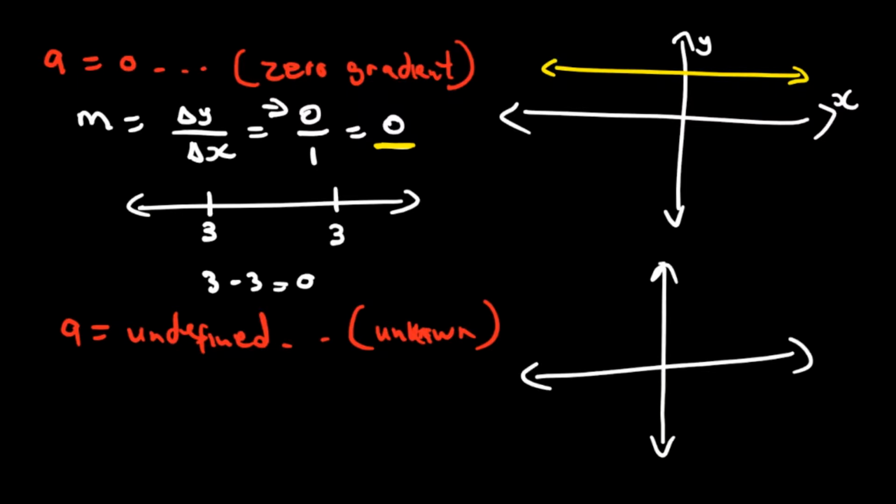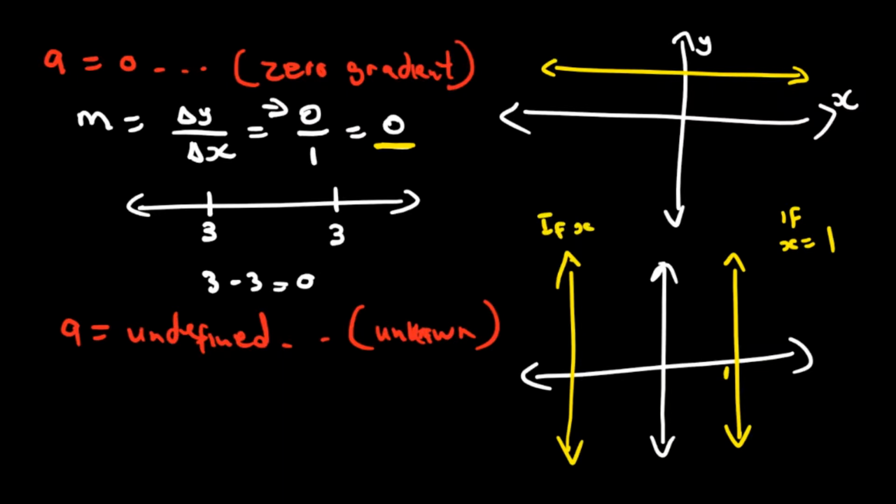So if you draw your function, it's going to be either here in your x-axis or this side here, depending on the value of x. So if x is equal to 1, for example, then here it's 1, or if x is equal to -1, then this would be -1. So that's how you define a straight line in a graph format.